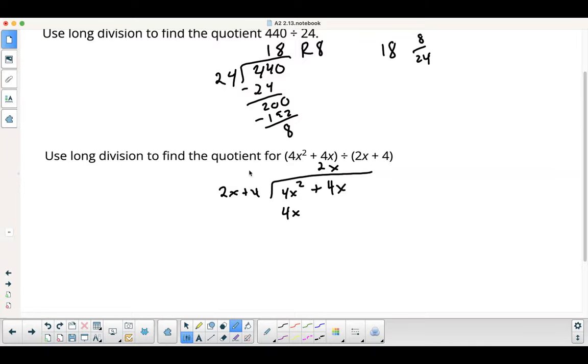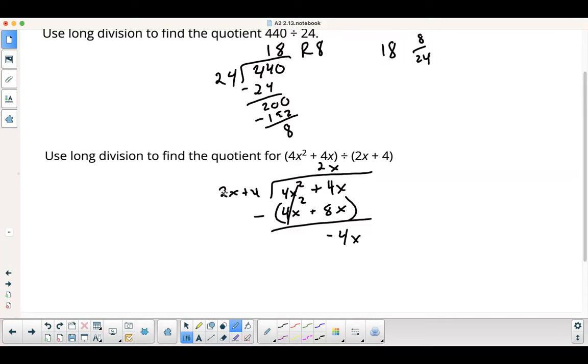When I do 2x times this whole thing, 2x times 4 would give me positive 8x, and then I subtract the entire binomial. So 4x squared, I forgot my squared there, sorry. 4x squared minus 4x squared is 0. 4x minus 8x is negative 4x.